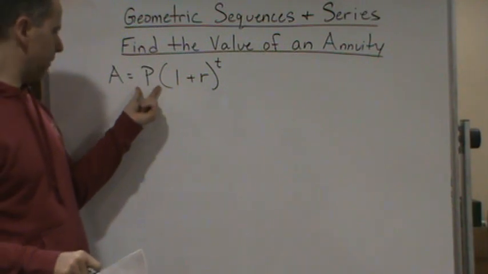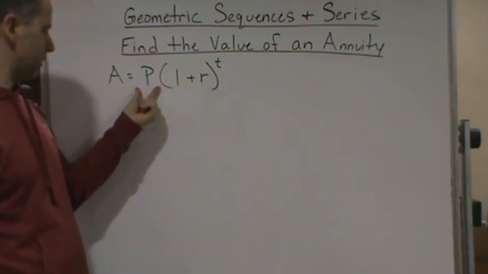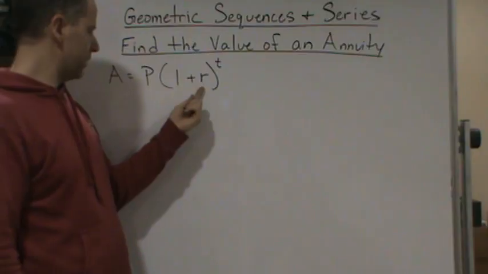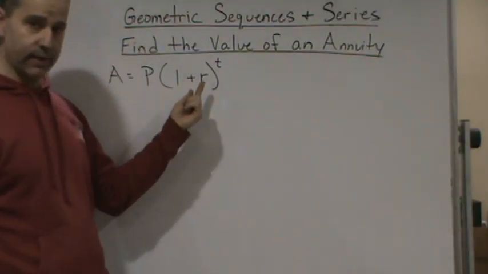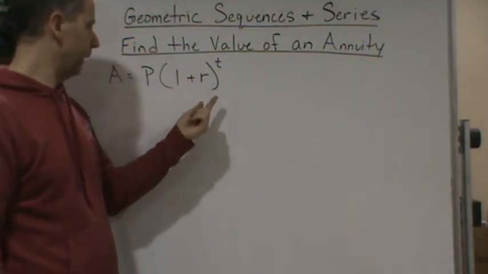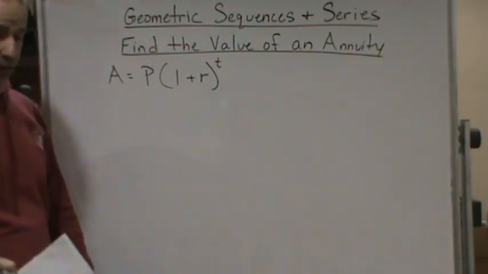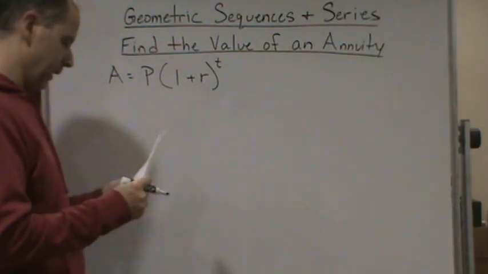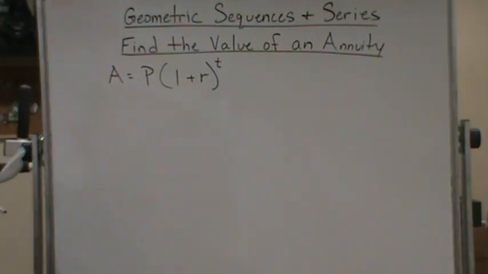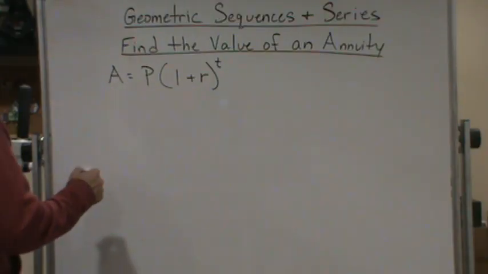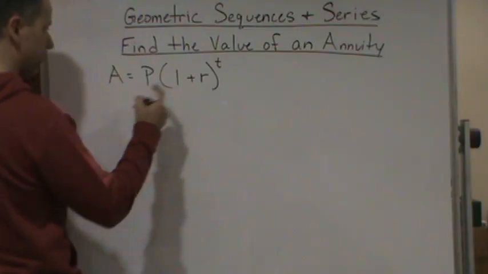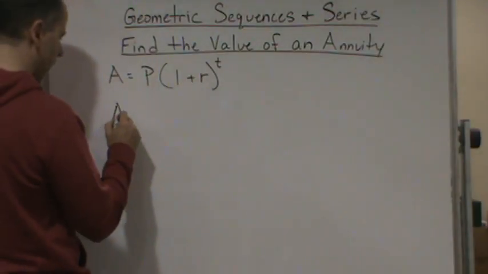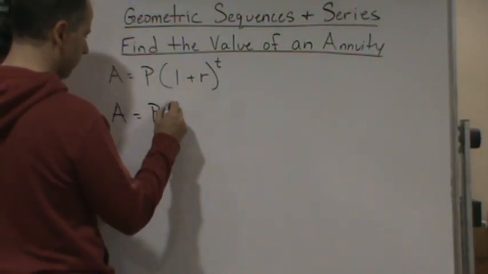This is a lump sum principal deposit or investment, and then R is the rate, as a decimal. And then T is time in years. Okay, and so if we write this out over a certain number of years, like for example 3 years, it would look like this.